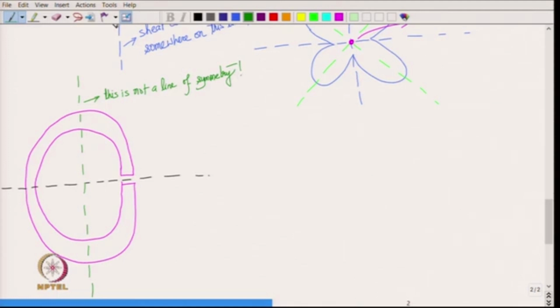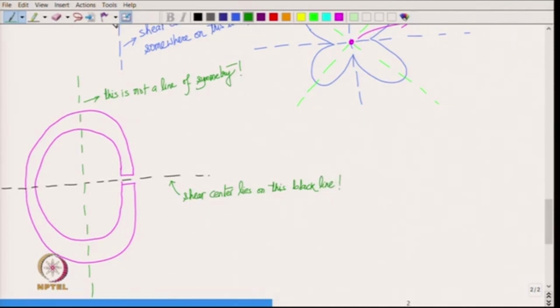So, shear center does not get completely known, but all that we know is that it is going to lie on this black line. So, shear center lies on this black line. Okay.